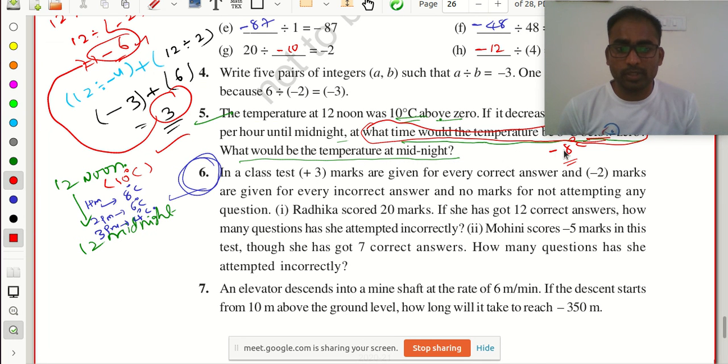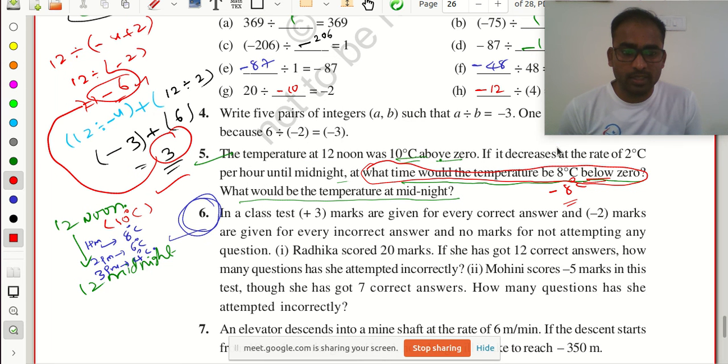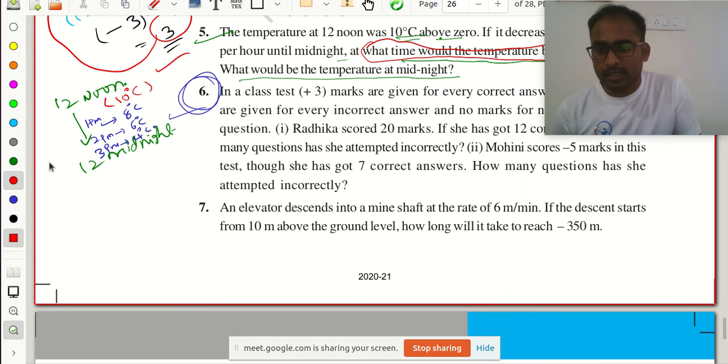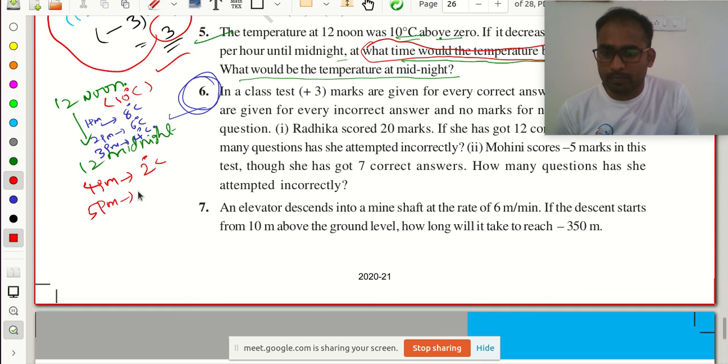Next he asked minus 8 degrees centigrade, because 8 degrees centigrade below 0. Below 0 means minus, above 0 means plus. So next at 4 p.m. what is the temperature? At 5 p.m. At 6 p.m.